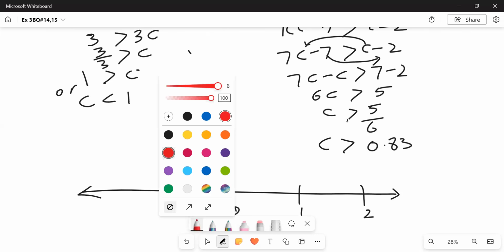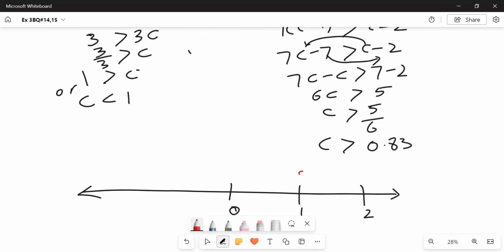C lesser than, it is not filled because it is only lesser. C lesser than 1 and C greater than, if I have to make it in the middle, here it is 5, then 0.6, 0.7, 0.8, 0.9.